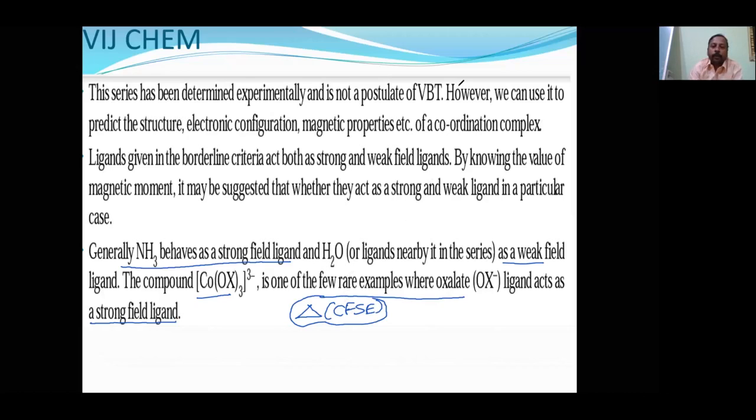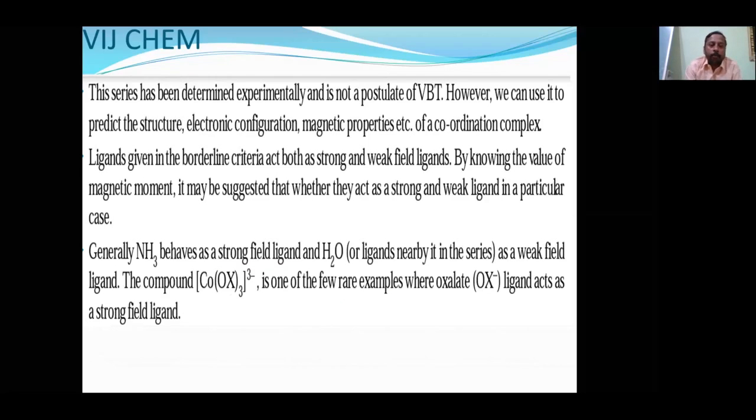So this is about the spectrochemical series. Now I will give you some examples of how to find out. More practice is required, like the lecture on naming. The more examples you do, the fewer mistakes you will make.